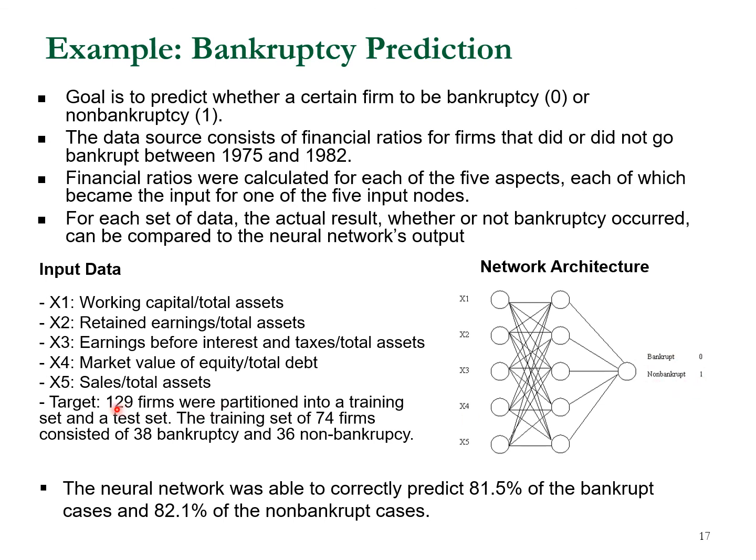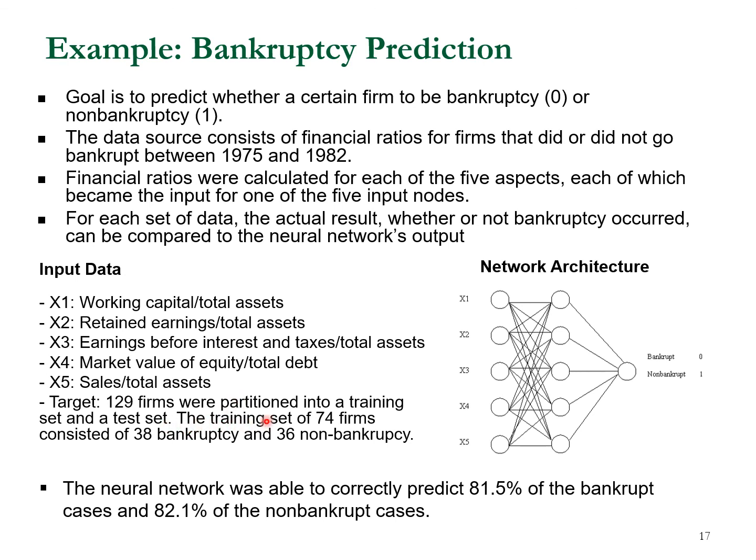As the target, we collected 129 companies, and these 129 companies were partitioned into two data sets. The first is the training data set, and the second is the test data set. The training data set is used to train the neural net, and the test data set is used to evaluate its performance.